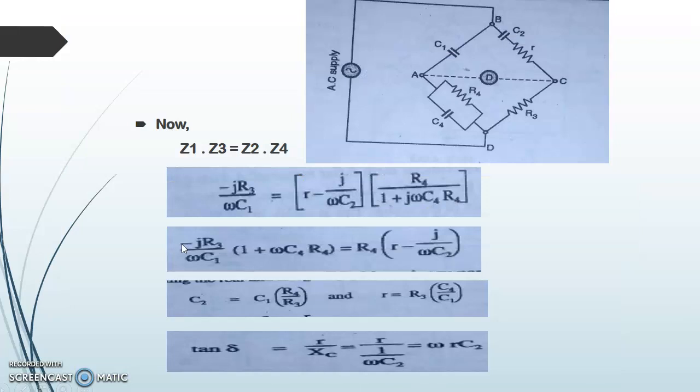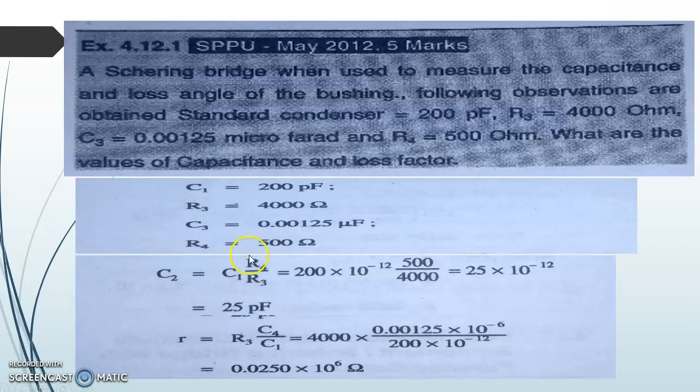From this derivation, we have the value of capacitance and the loss factor. So we can solve this question. The given things are C1 is 200 picofarad and C4 is 0.00125 microfarad. R3 is 4000 ohm and R4 is 500 ohm.